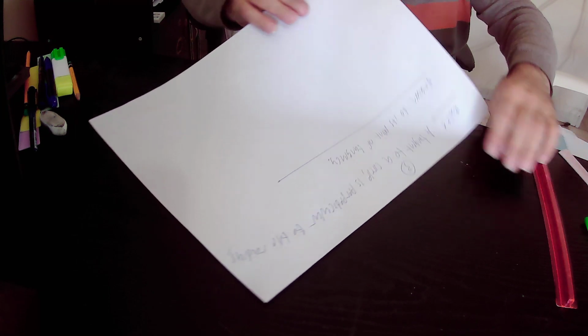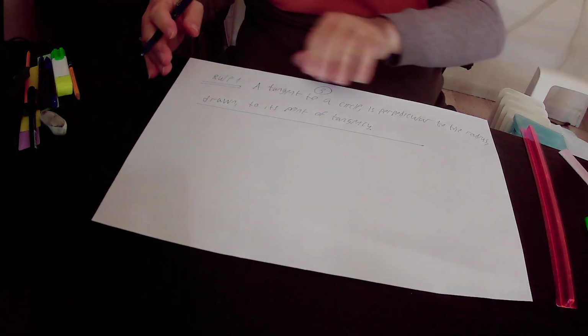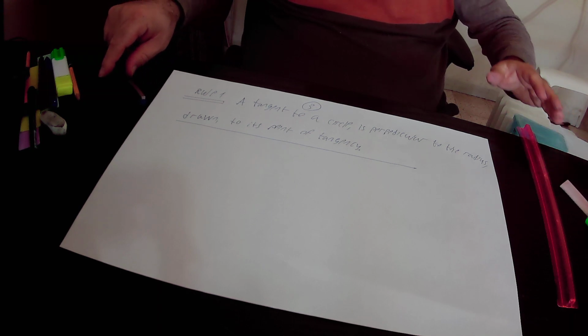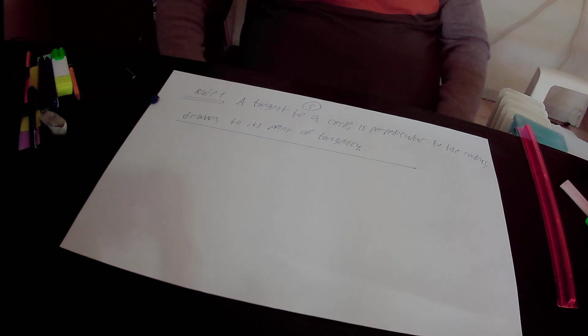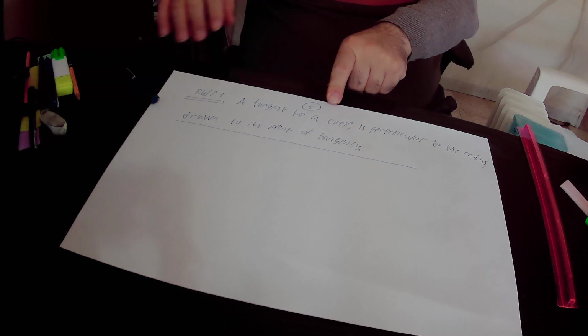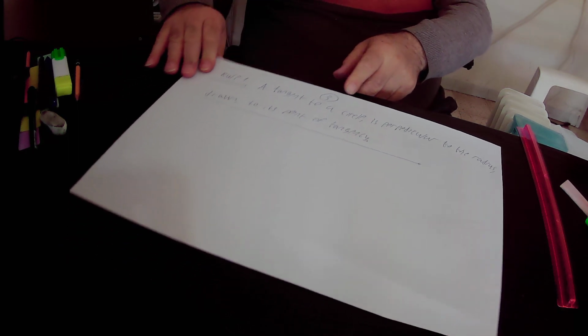So I read rule number 1 again. According to rule number 1, a tangent to a circle is perpendicular to the radius drawn to its point of tangency. So here we will implement rule number 1 in our drawing.